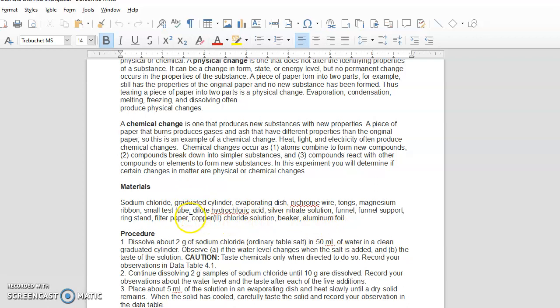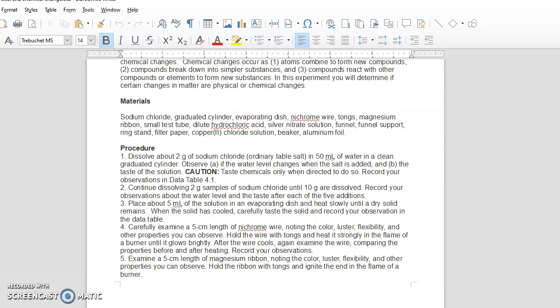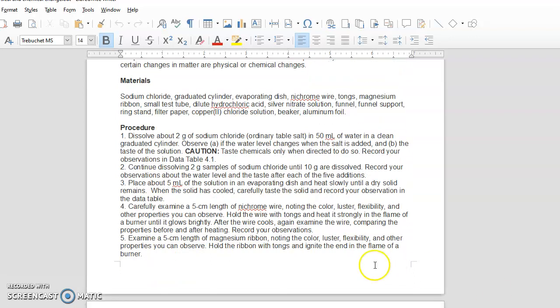In place of that, we are going to use white distilled vinegar for this one, and instead of aluminum foil, we are going to use baking soda. Again, hopefully both materials you've got easily on hand at home. You can do these yourself, or you can. We will talk about them.